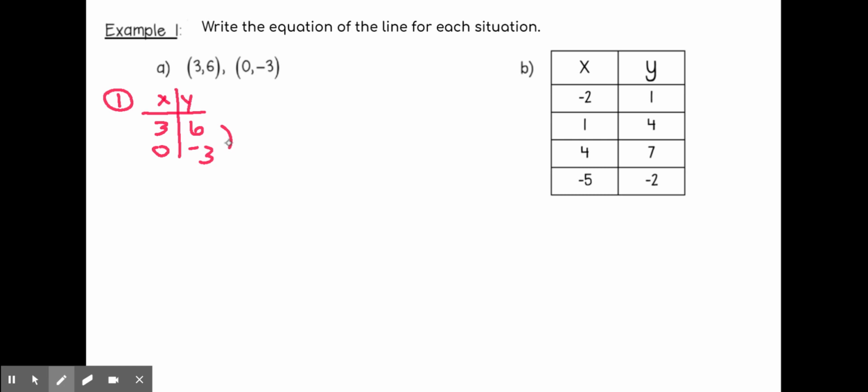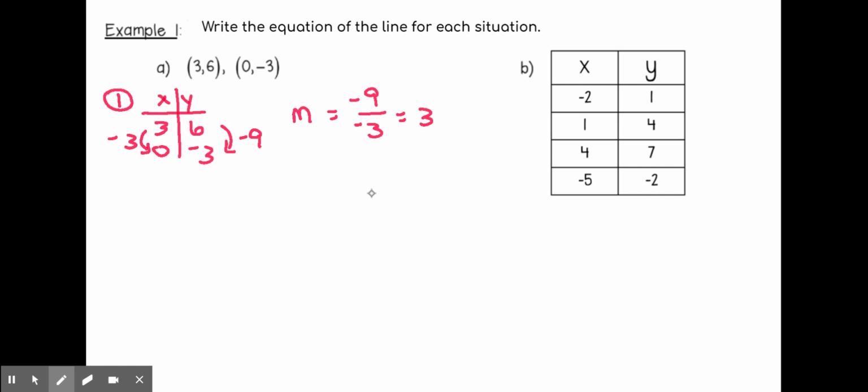So to get from 6 to -3, I'm going to go down 9. And to get from 3 to 0, I'm going to go down 3. So my change in y over change in x is going to be -9 over -3, which is +3, right? So m is 3, okay?